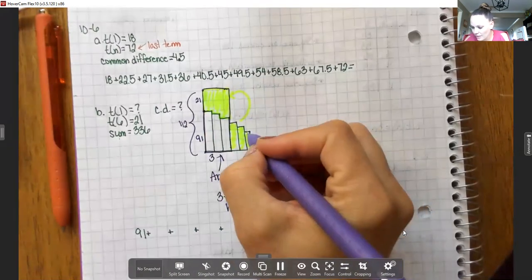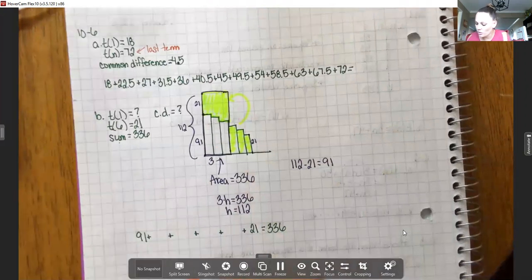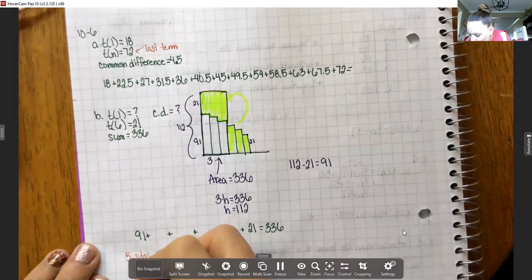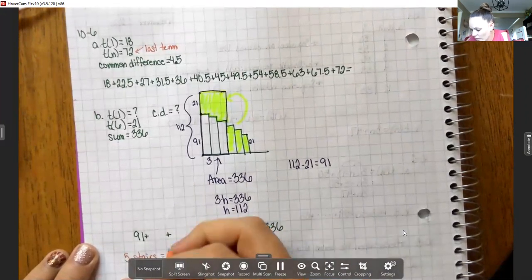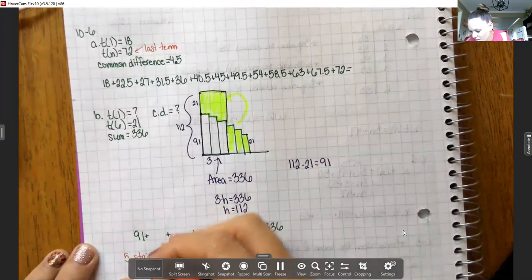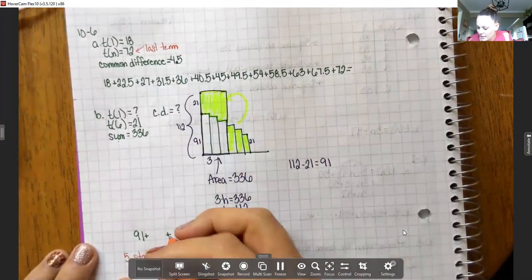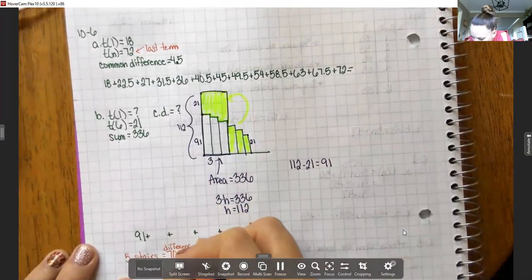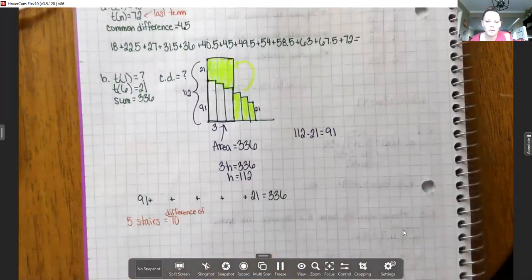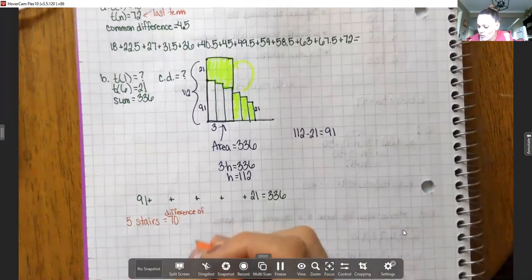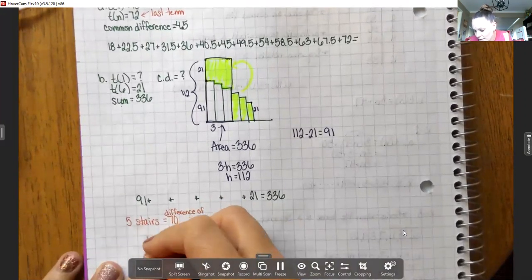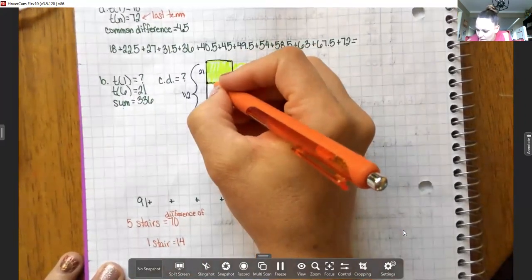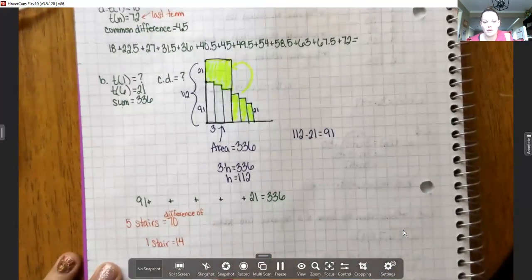This is a height of 91, a height of 21. So kind of for 5 stairs, it went down 70. So, right, 5 stairs had a difference of 70. That's how I should have written that. So if we divide by 5, so 1 stair would be equal to 14. So this is decreasing by 14 every time.